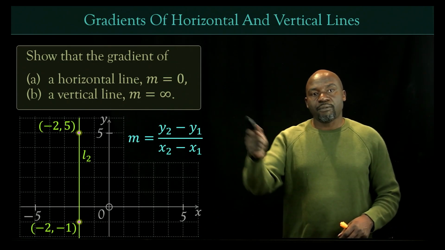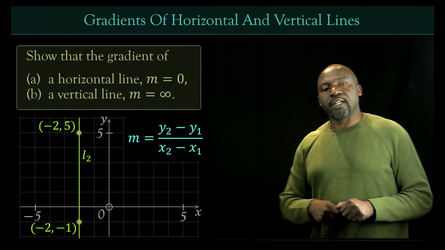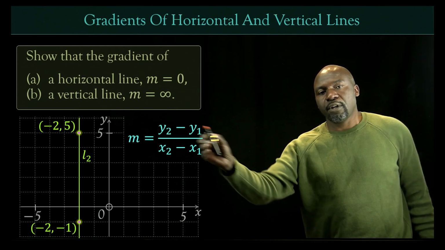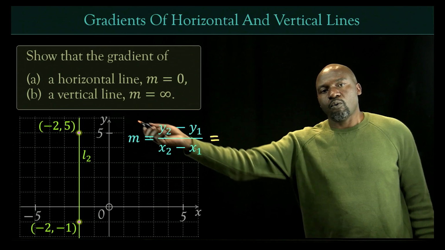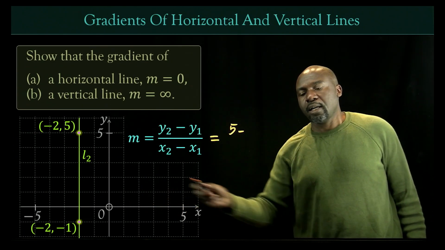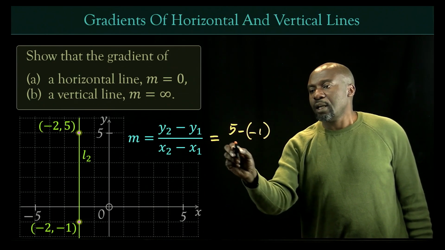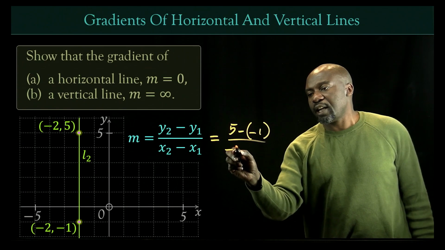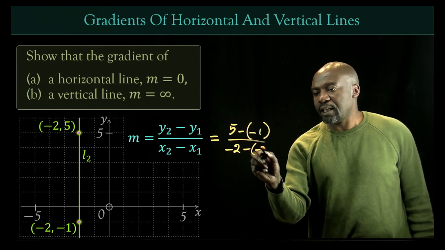So when we use our formula in this particular case, we have y2, which is 5, minus y1, which is negative 1, which gives me 6, but the denominator is always going to be negative 2 minus negative 2.